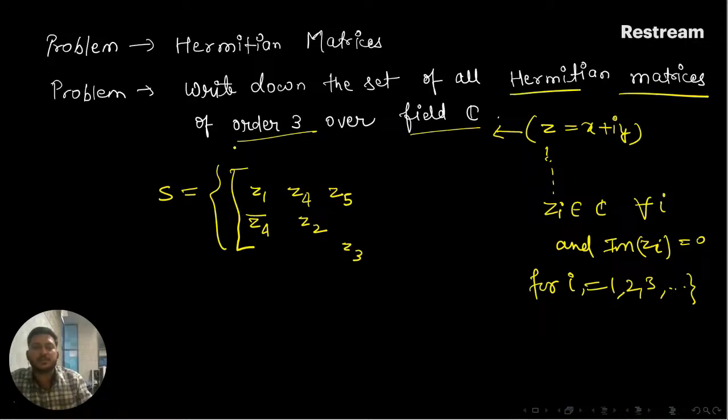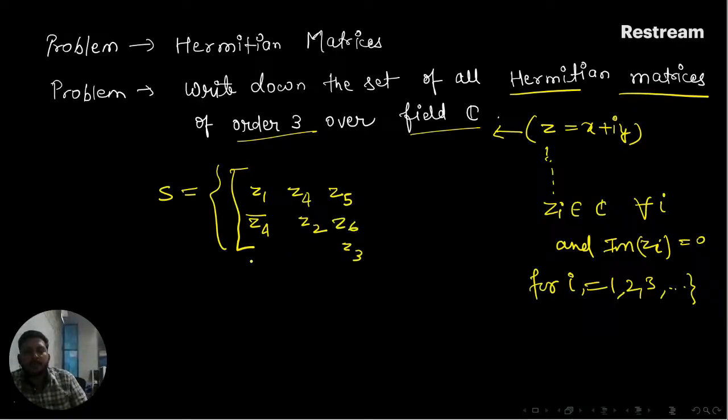Hermitian matrix, as in previous classes, is a square matrix A that is called Hermitian if its conjugate transpose is equal to itself. So that is the Hermitian matrix. Here we input all the complex parts, which are Z1, Z4, Z5 and Z4 bar, Z2 and Z6 type.